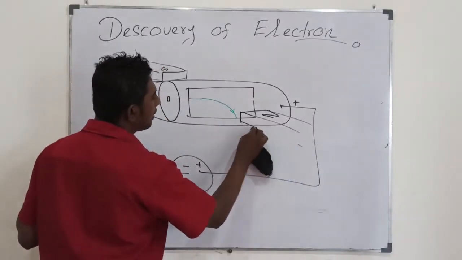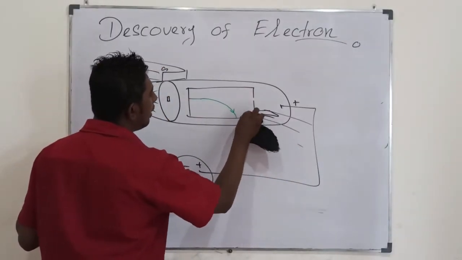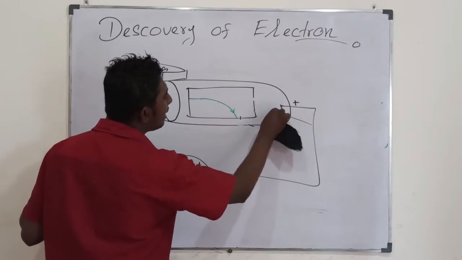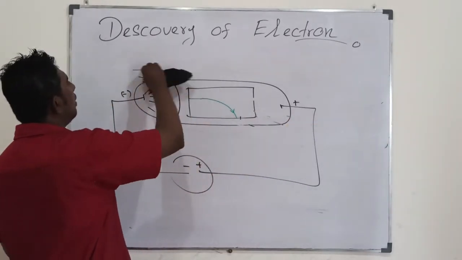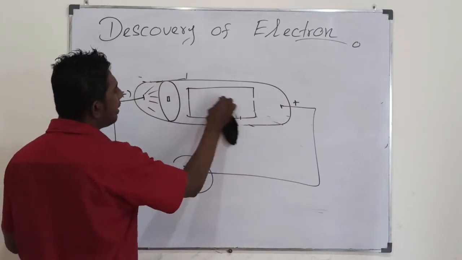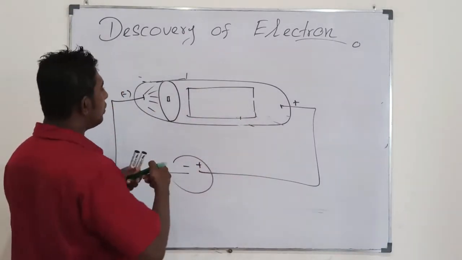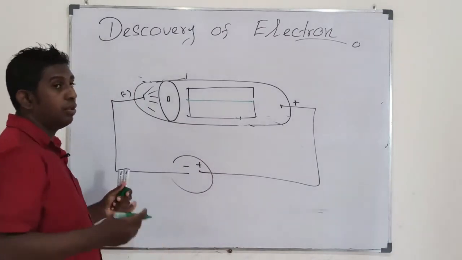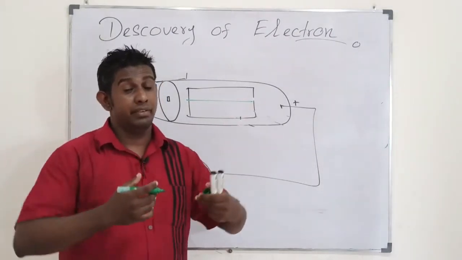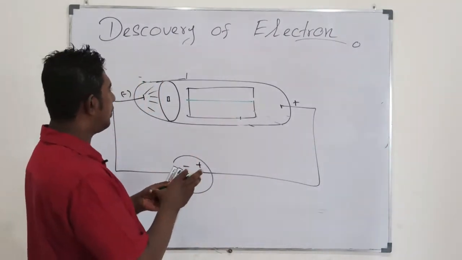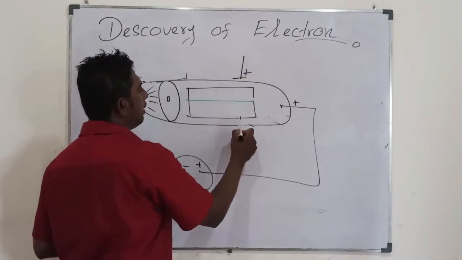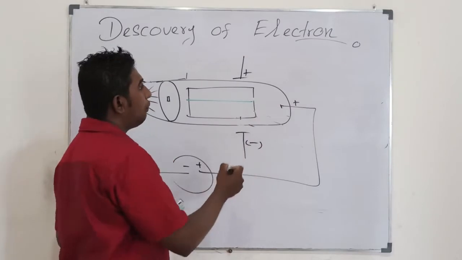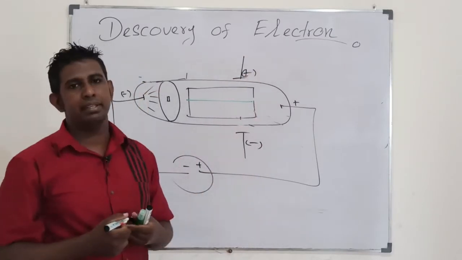So students, in this next experiment, it was the same setup, but now not magnets. He introduced an external electric field on the cathode rays. Let's show it: here the positive end, here the negative end of the external electric field.